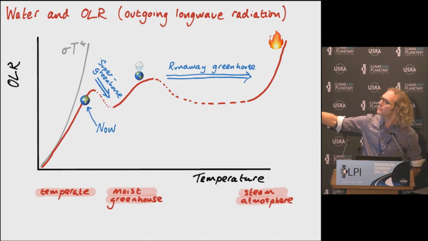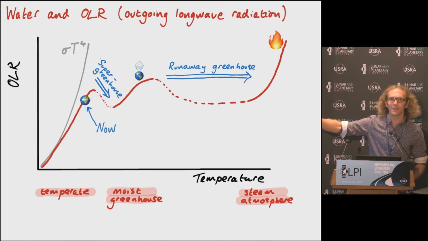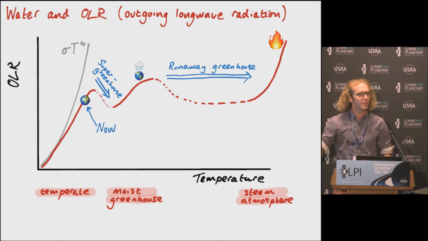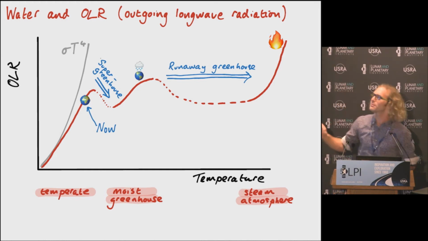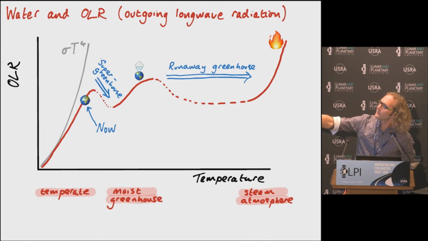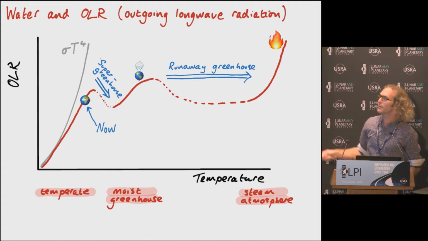So on the right-hand side, we've got the runaway greenhouse, which various people have talked about, and I'm not going to bore you to death with another talk on the runaway greenhouse from me, which many of you will have heard too many of. But now we're here. We've got this super greenhouse that Maura's going to talk about, this bistability which may apply to the tropical atmospheres today that would get us to a moist greenhouse state. And then we've got this transition to a runaway greenhouse.